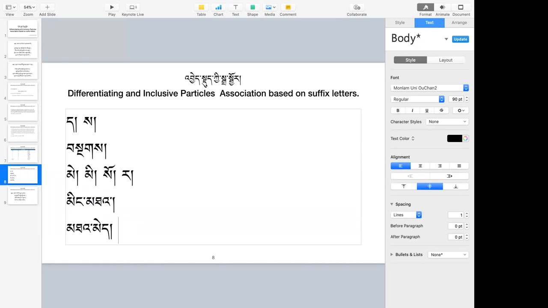So tame means no suffix letter. Any name that doesn't have a suffix letter will definitely not have any post-suffix letter. So a name that doesn't have a suffix letter, tame, will be followed by hum. So these are names which do not have any suffix letter, and therefore these will be followed by hum.